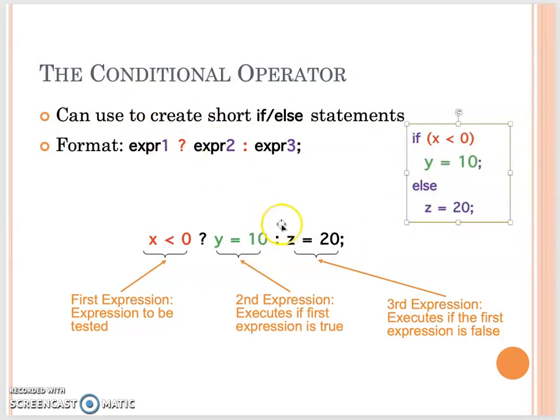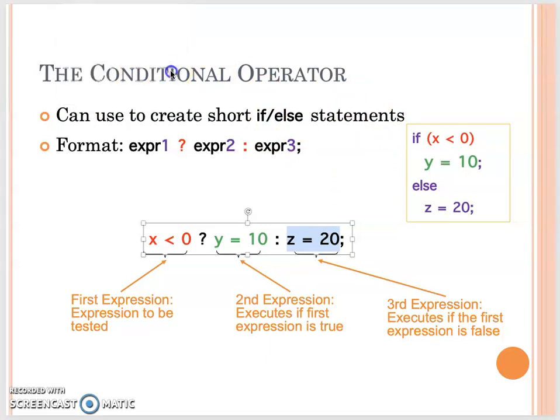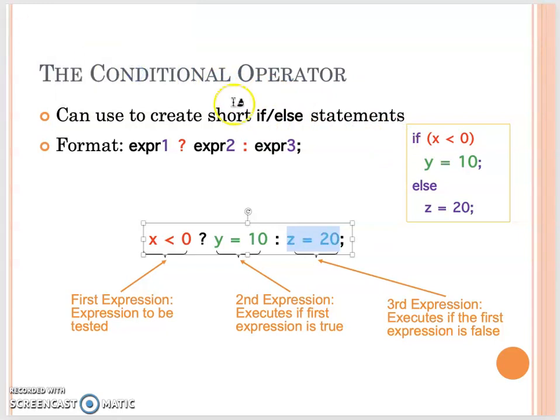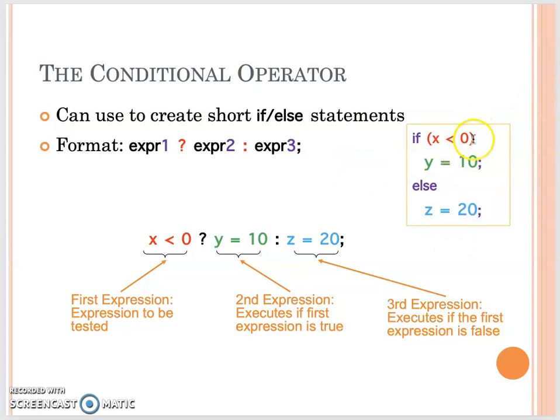The same thing, if the condition is false, then we return the third one. I make the third one purple. Okay, so you see it is very simple to replace an if-else statement.